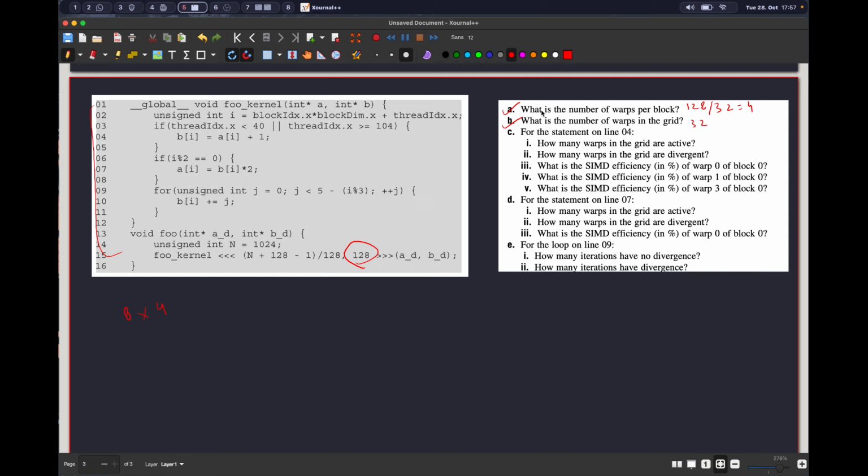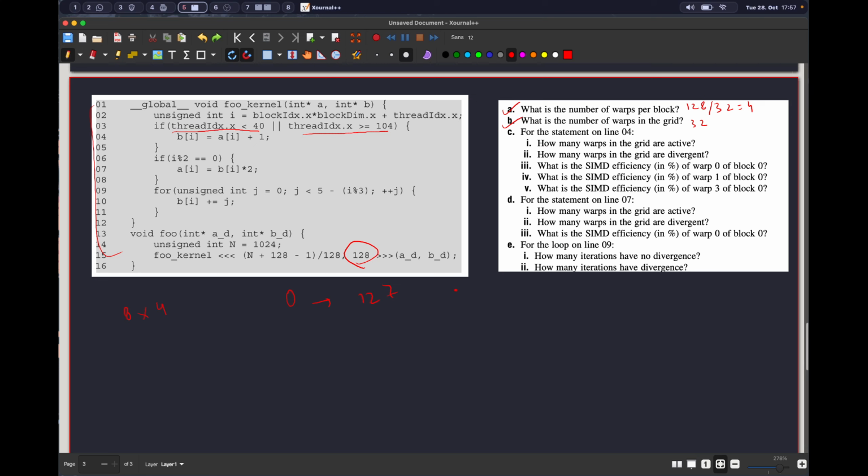For the statement on line 4, how many warps in the grid are active, and how many warps in the grid are divergent? Line 4 says that if thread index is less than 40 and greater than or equal to 104, only then it will run. In one block, thread index will go from 0 to 127.